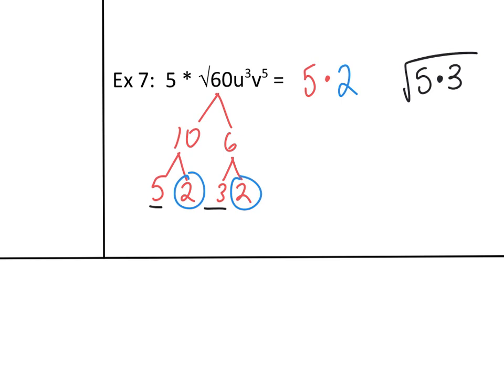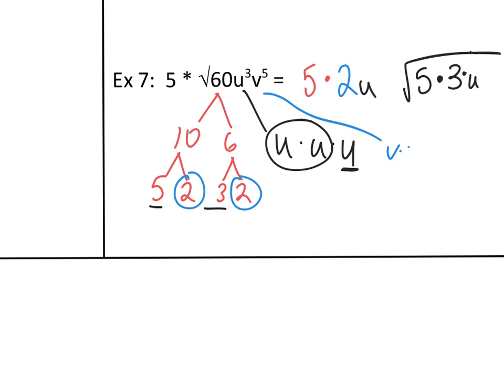My u's, how many groups of u do I have? So I have 3. How many groups of 2 is that? 1. How many is left over? 1. My v's, how many groups of 2 do I have there? 2.